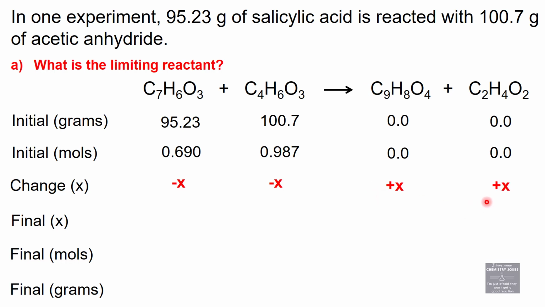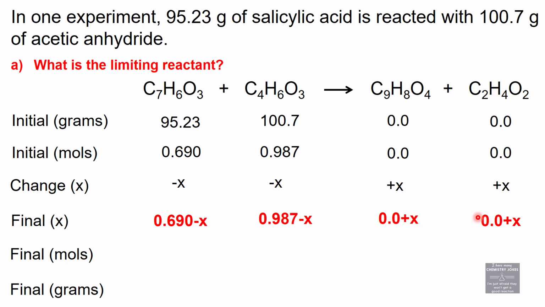I gain 1x. I'm going to be losing these at a rate of x and gaining those at a rate of x. Okay. My final in terms of x really just means take this moles minus x and put it in as an equation. 0.690 minus x, 0.987 minus x, 0 plus x, 0 plus x. Yeah, I know, that's the same thing as just x.